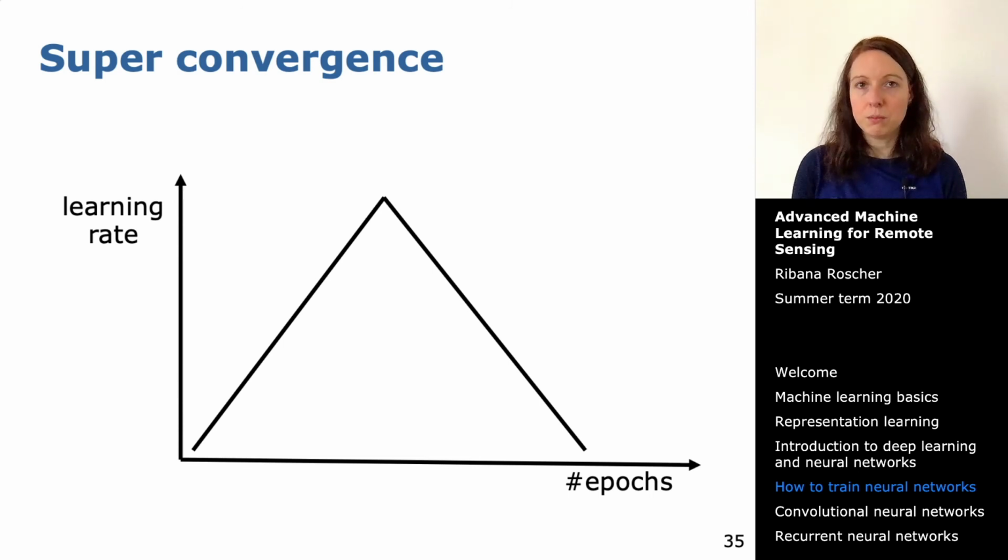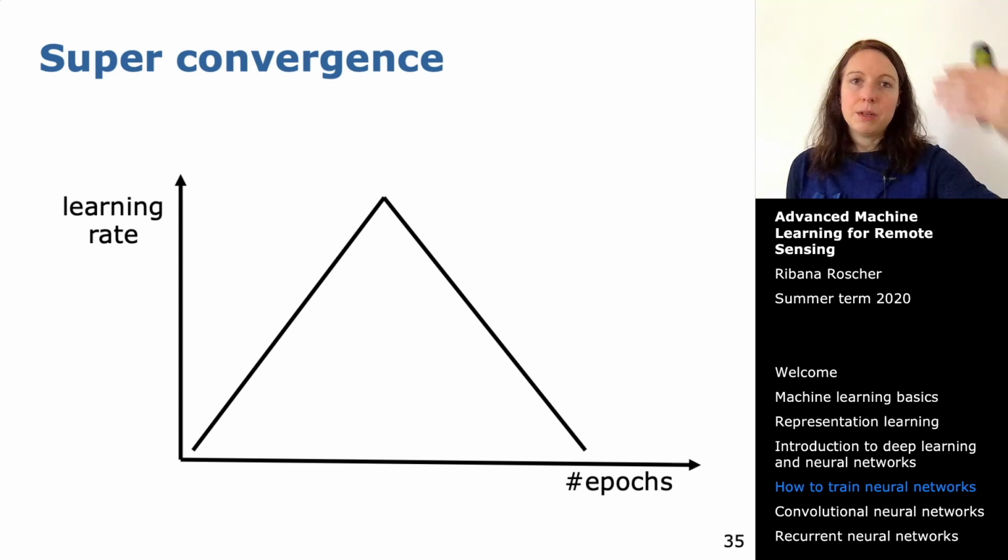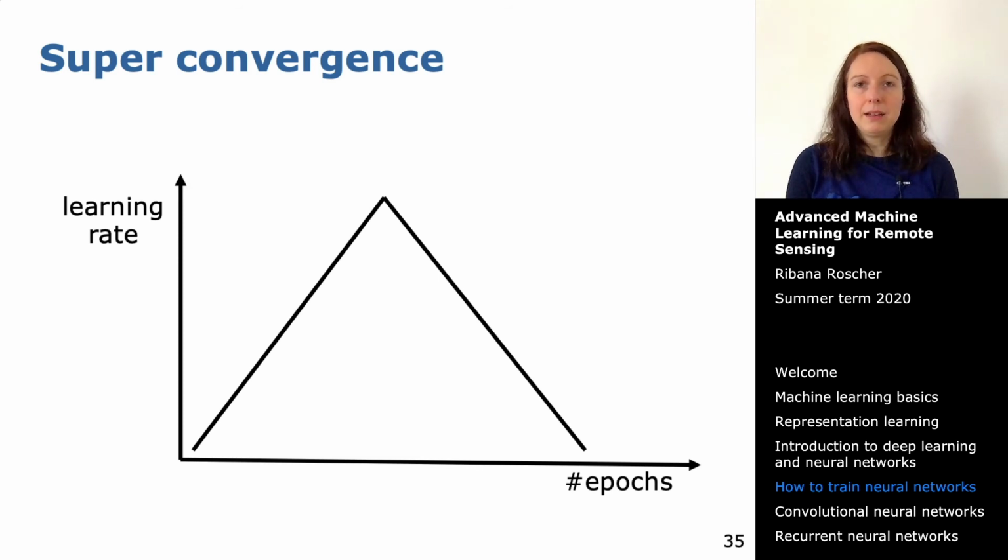But if you start with a small learning rate, you can first settle a bit, find a good direction, and then you increase the learning rate and reach some optimum in a very fast and efficient way. And then what I told before is applied: at one point, you will not reach any better result with a high learning rate, so you decrease it again and settle down in the optimum.